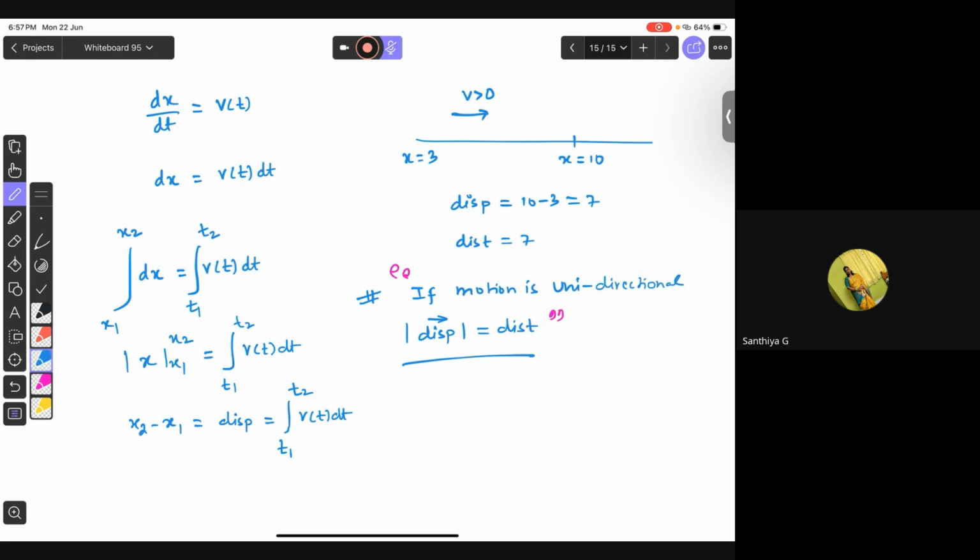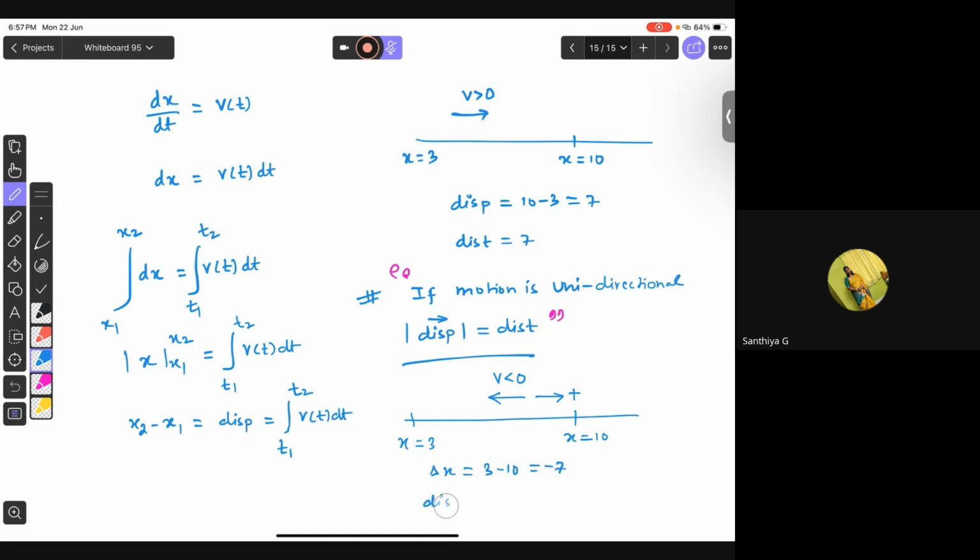Even if motion is happening in the minus x direction, suppose the particle was moving this way, at some point of time it was at x equals 10, after some time reaches x equals 3. This side I took as positive, motion happening in negative direction. So change in position will be final 3, initial 10, minus 7.